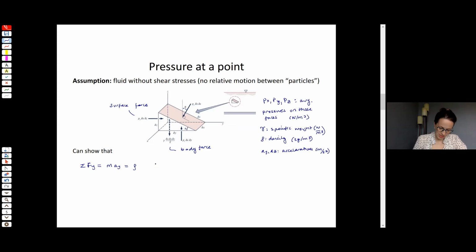And we can do the same thing in the z direction. Same thing, but of course now it's proportional to the acceleration in the z direction. Now if we take the limit as this fluid element shrinks to 0, till it shrinks to a single fluid particle, we can show something very interesting.